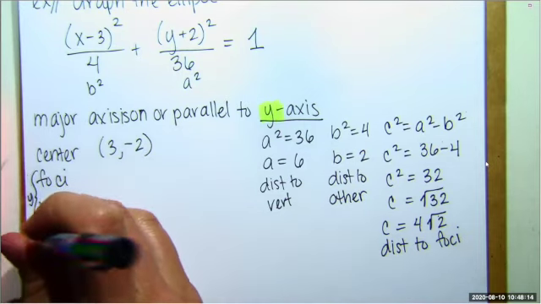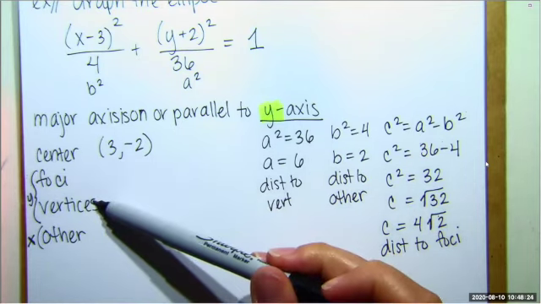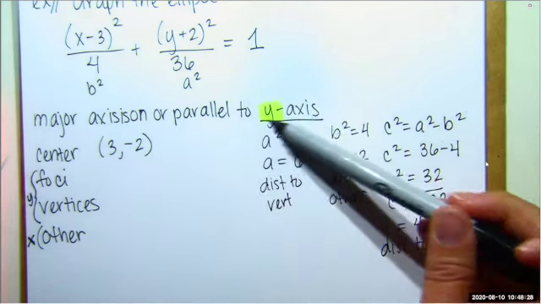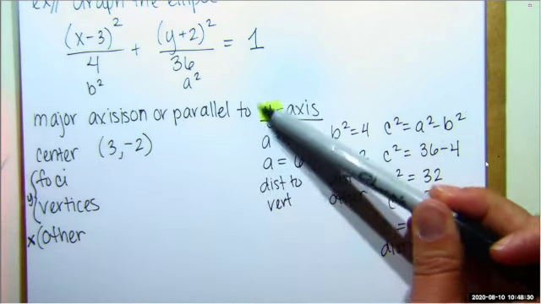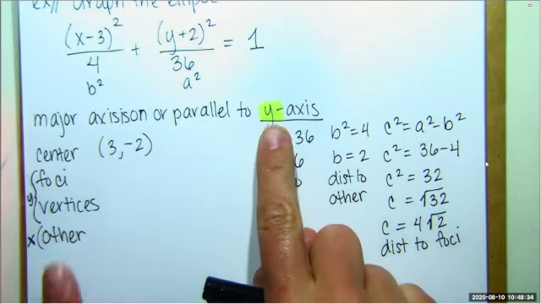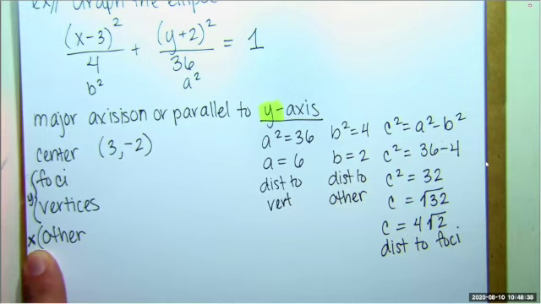That's going to be our other variable, which is x. Now, if you go to my previous example, those were reversed, right? Because our major axis was parallel to the x-axis, we moved on our x-coordinate to get to our foci and vertices. So whatever our major axis is, up here this is parallel to the y-axis, for the foci and vertices we need to move on the y-coordinate. The minor axis concerns the other variable in the other direction, so that's the x.